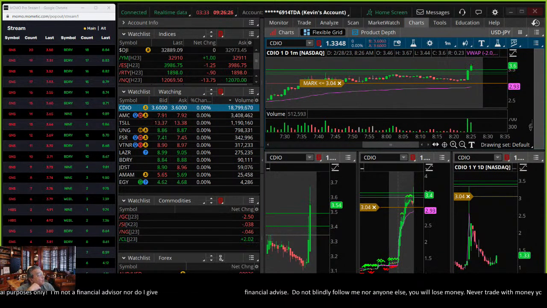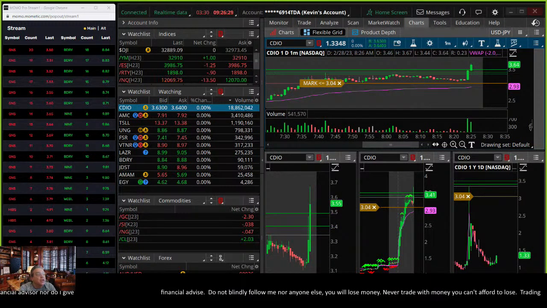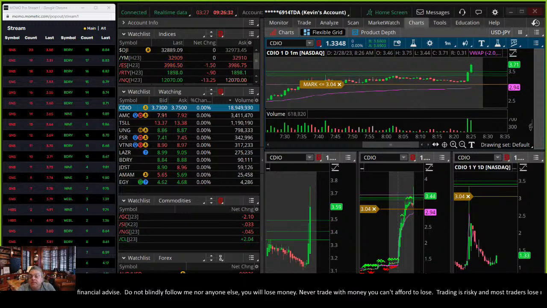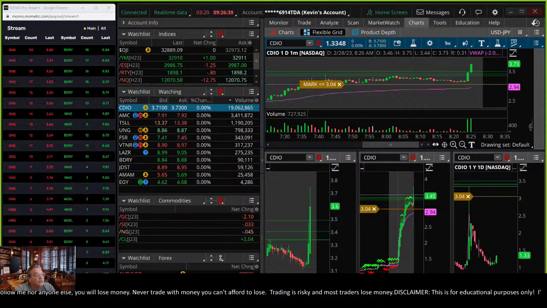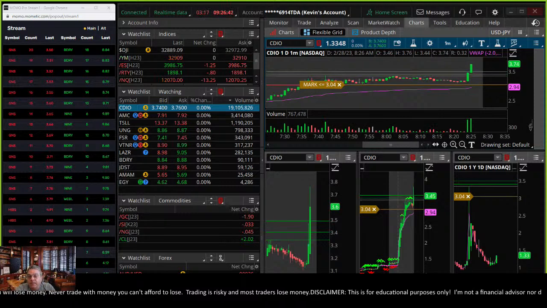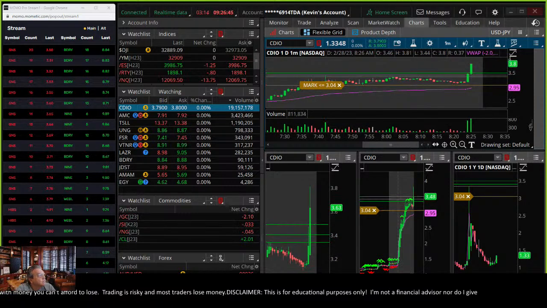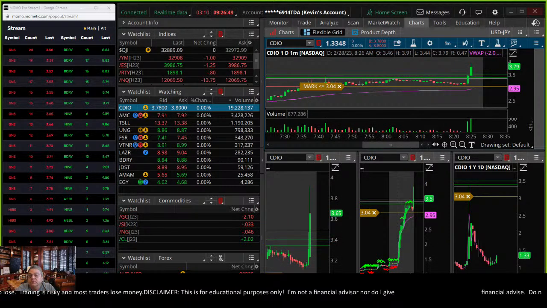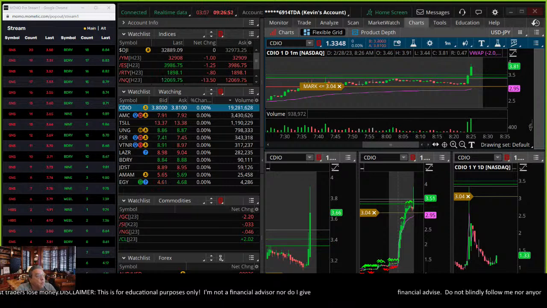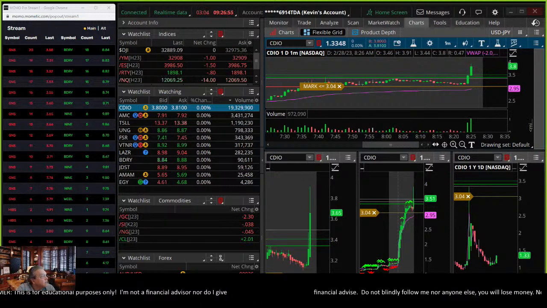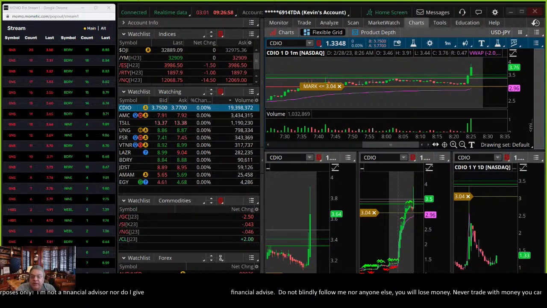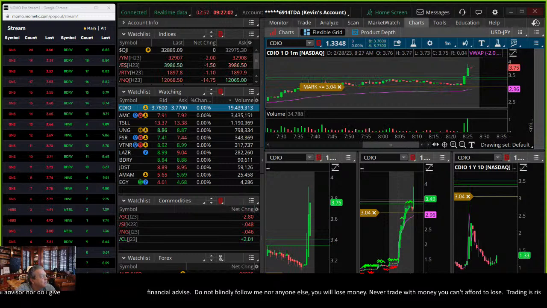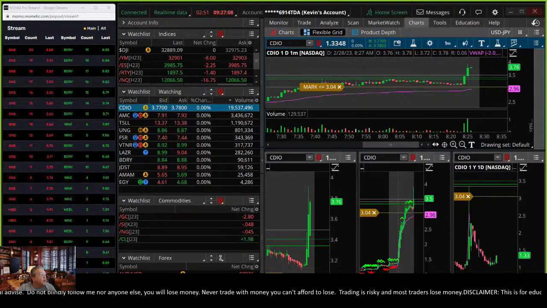All right, so we've obviously blasted through all three levels, so I'm going to just kind of watch CDIO. Got 200 shares on, $84 profit, $94 profit. CDIO, continuing the run. Like the profit, I'm going to go ahead and take my profit up here out of CDIO. Nice run on CDIO. Hit all three levels.